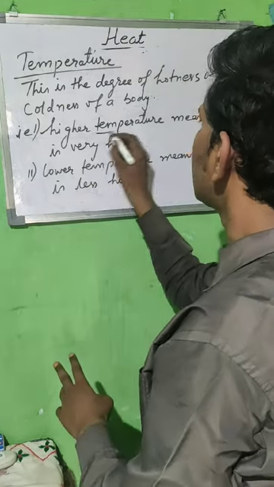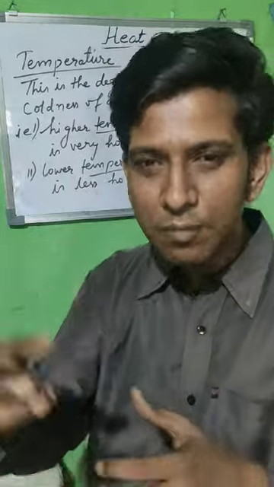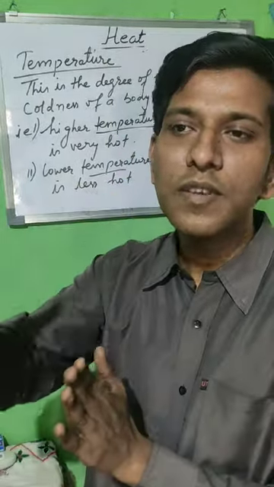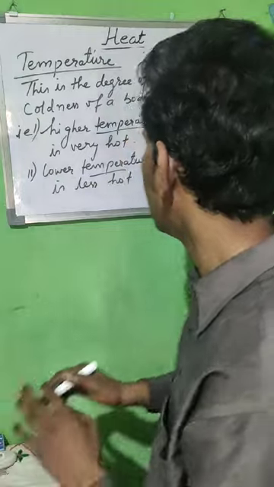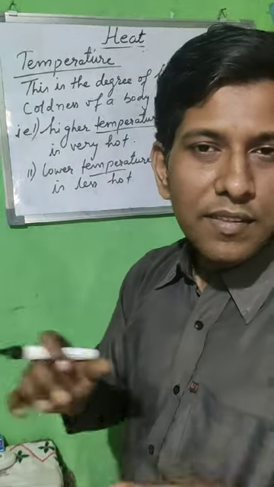It means that the word temperature will give a correct picture to know up to how much extent the body is hot or cold. So we are generally measuring the temperature.